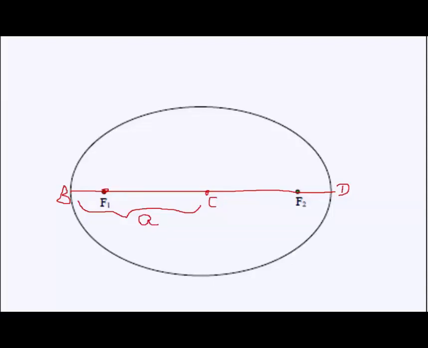Now I want you to draw a line at right angles at C so that it will cut the ellipse at A. Now remember, you need to use a ruler to draw these lines. I'm using my mouse with my left hand, and it doesn't come out as straight lines. Now measure the distance AC.